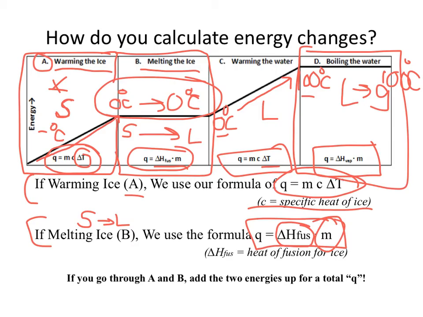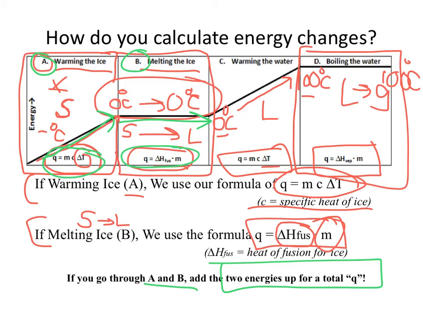Now, if you want to figure out the total energy it takes to take this solid block of ice, heat it up, and melt it into a liquid, because you're using sections A and B, you would use both of the separate equations, A and B, and then add those up for the total amount of energy. So once you solve for Q of part A and Q of part B, you would add up Q of A plus Q of B, and that would give you your total energy.